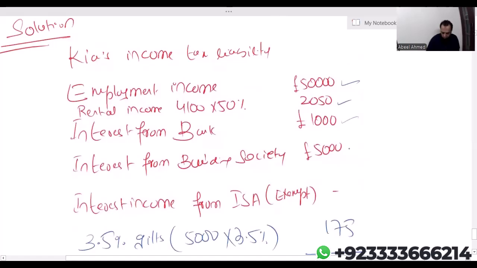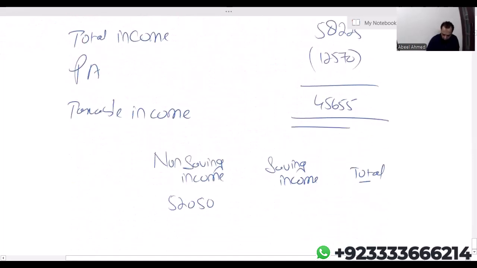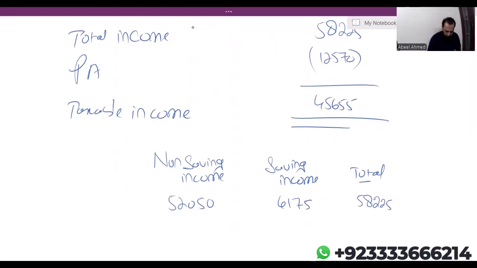Now, all of these are saving incomes: 6,000, 6,175. I'll get 58,225. Let me change the color of my pen.